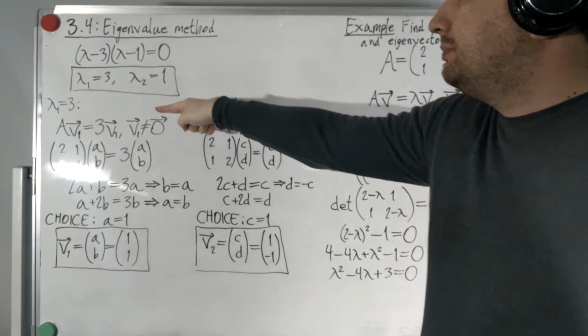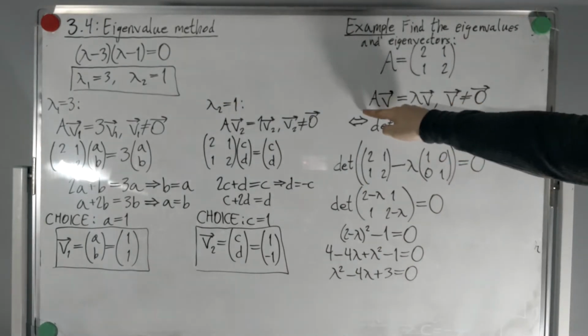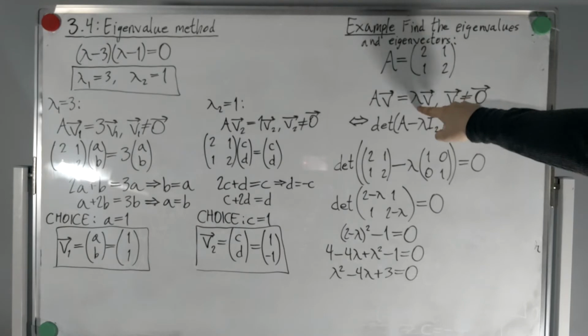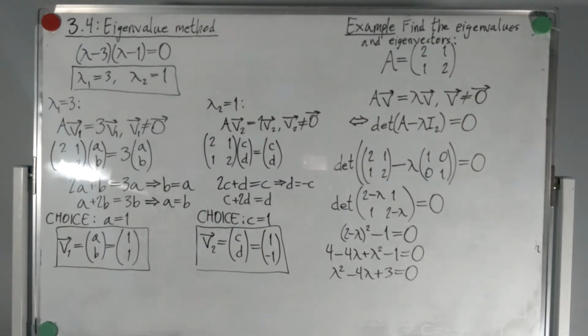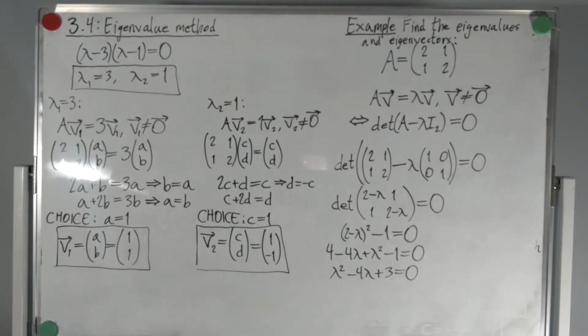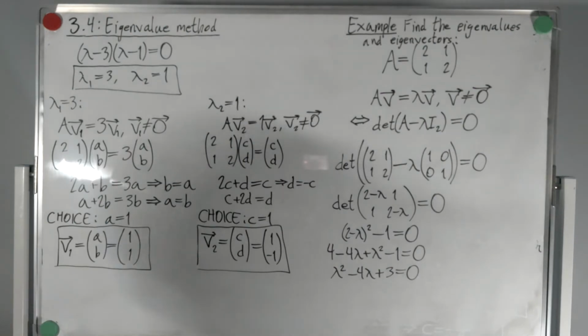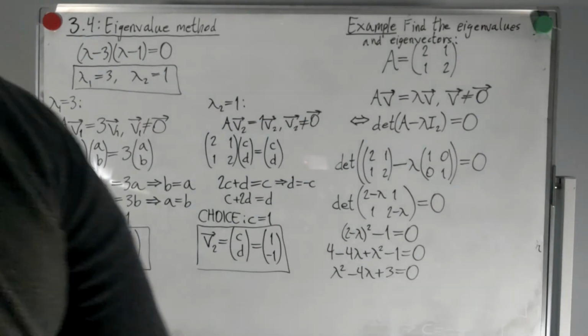You do that by just plugging it back into this equation right here, understanding that lambda is whatever value you found. Okay? So of course we're going to do some more examples.